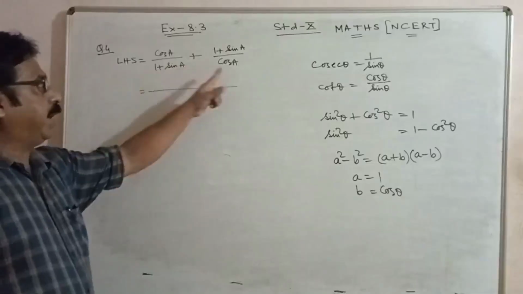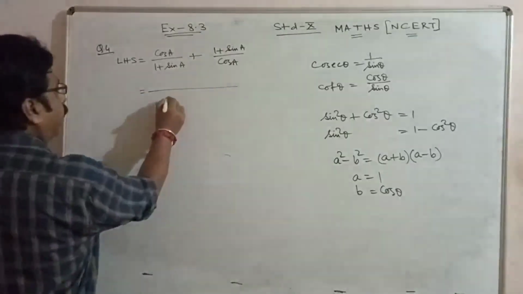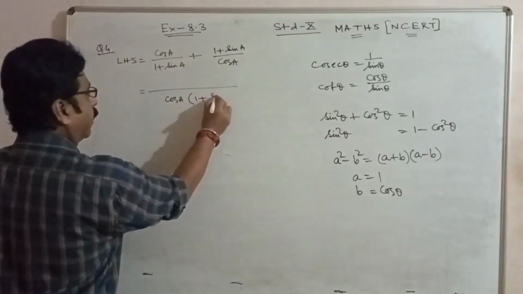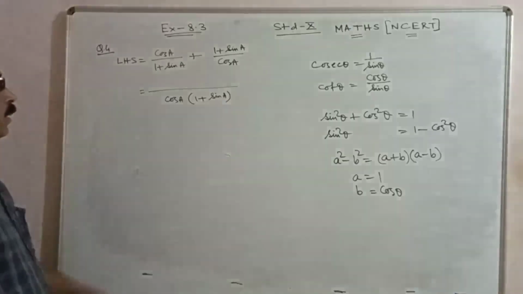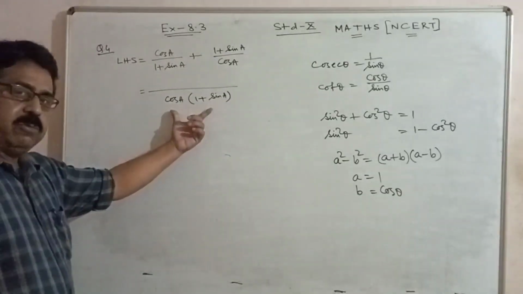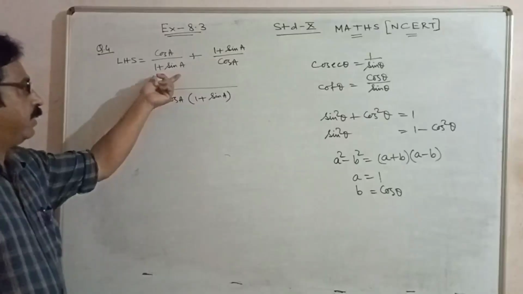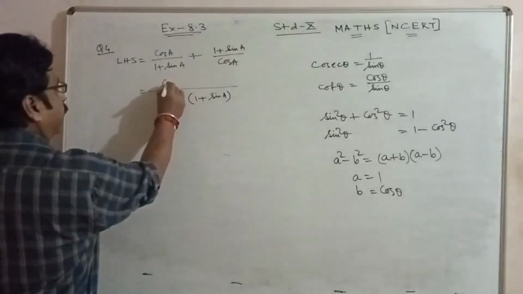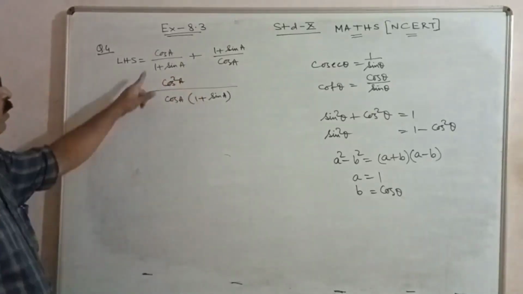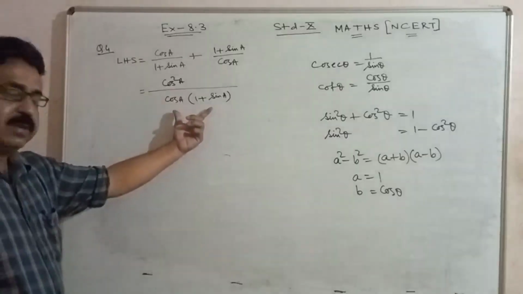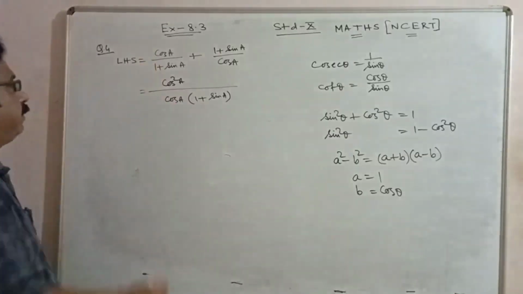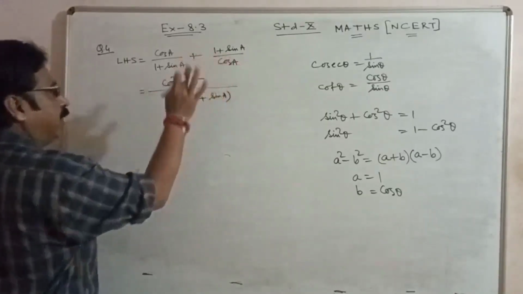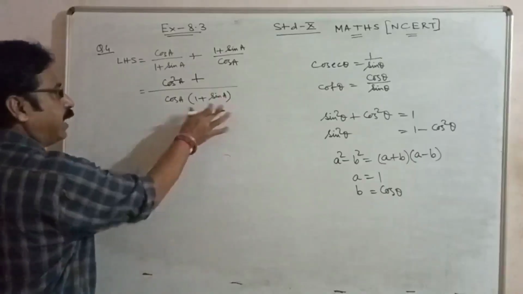1 plus sin A and cos A, so LCM will be cos A into 1 plus sin A. If we divide by 1 plus sin A, we will get cos A. Then cos A into cos A is cos square A. Plus, if we divide this term by cos A, then cos A and cos A will be cancelled. 1 plus sin A will be left.